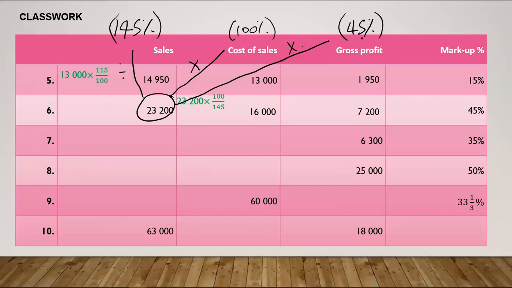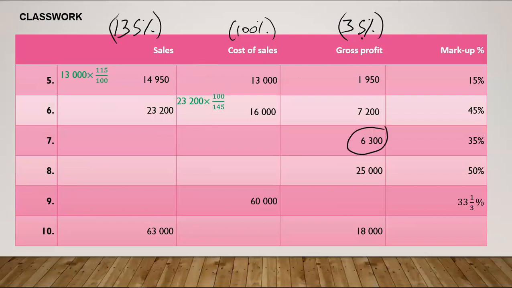For number 7, this is 35. This will be at 135. So I'll always divide by 35.